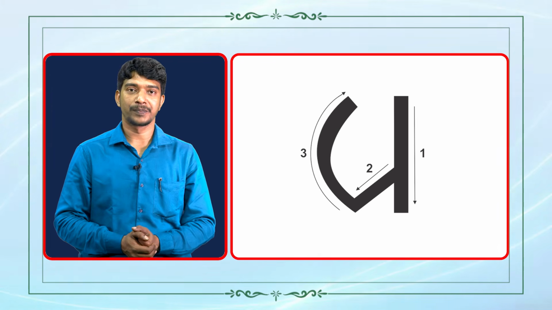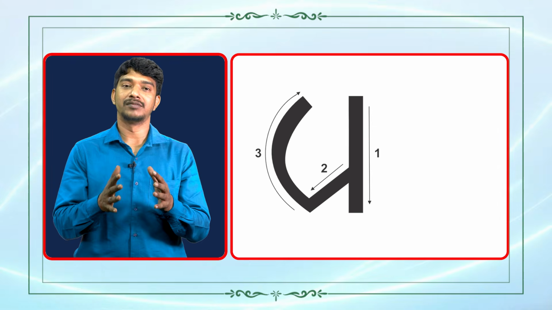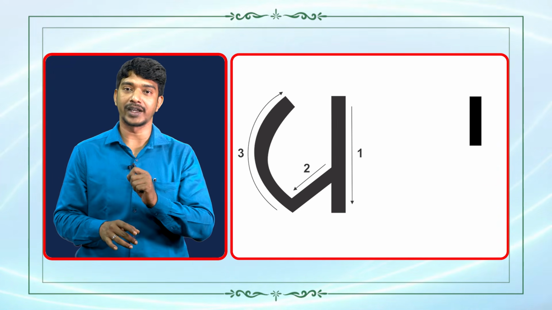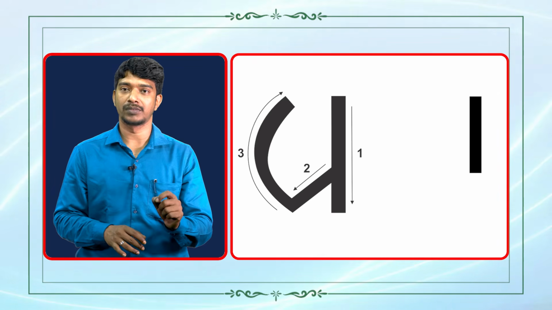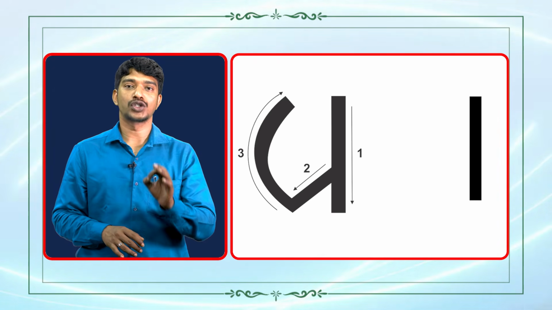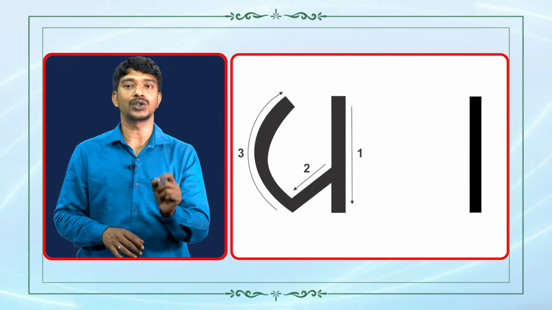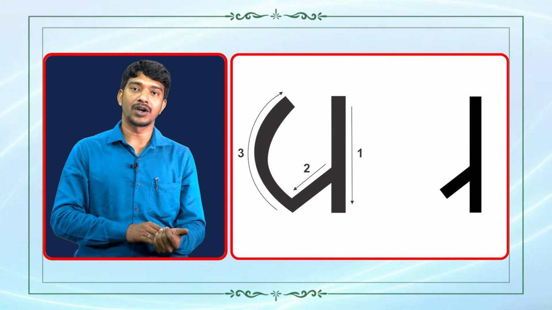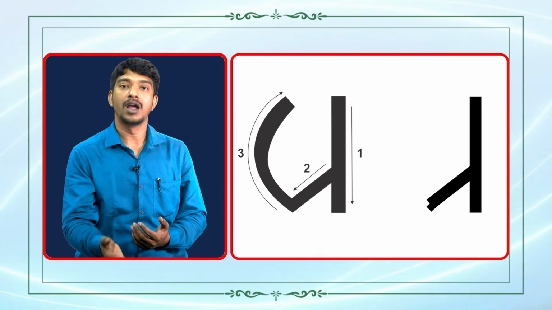Dear learners, to write Am, in the first step, we will draw a vertical line descending from the top, followed by a small diagonal descending to the left from the lower part of the left side of the vertical line.